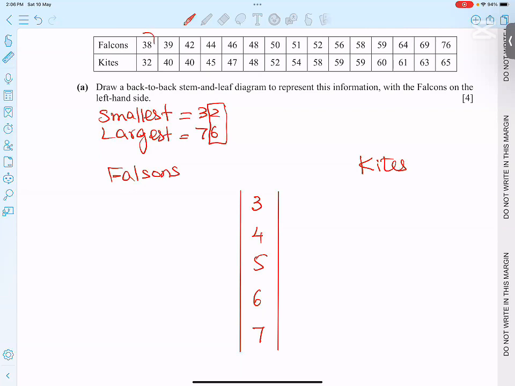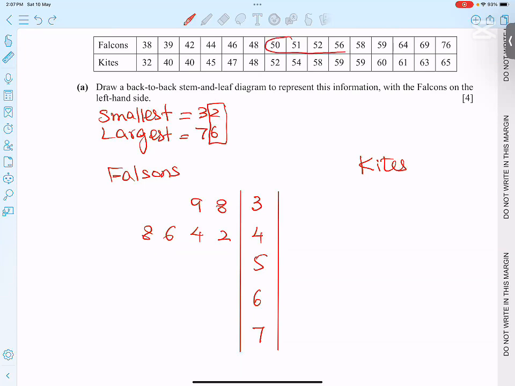So how to write? 38. The 3 is already mentioned here, and I will take 8 here. Then 39. Then 42, 44, 46, 48. Make sure they are in order. And luckily the values are given in order.